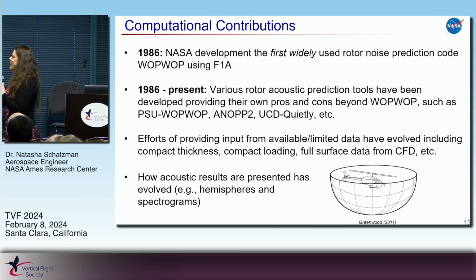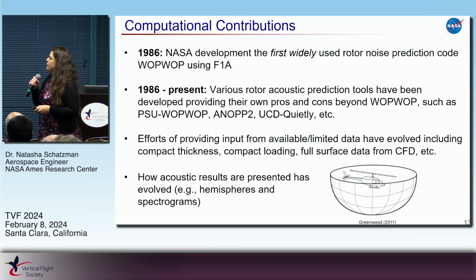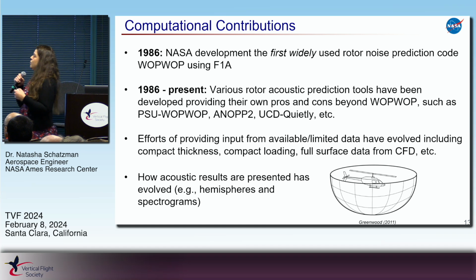In 1986, NASA developed the first widely used rotorcraft prediction code called WOPWOP using Farassat's formulation 1A. So Farassat and Brentner developed WOPWOP.